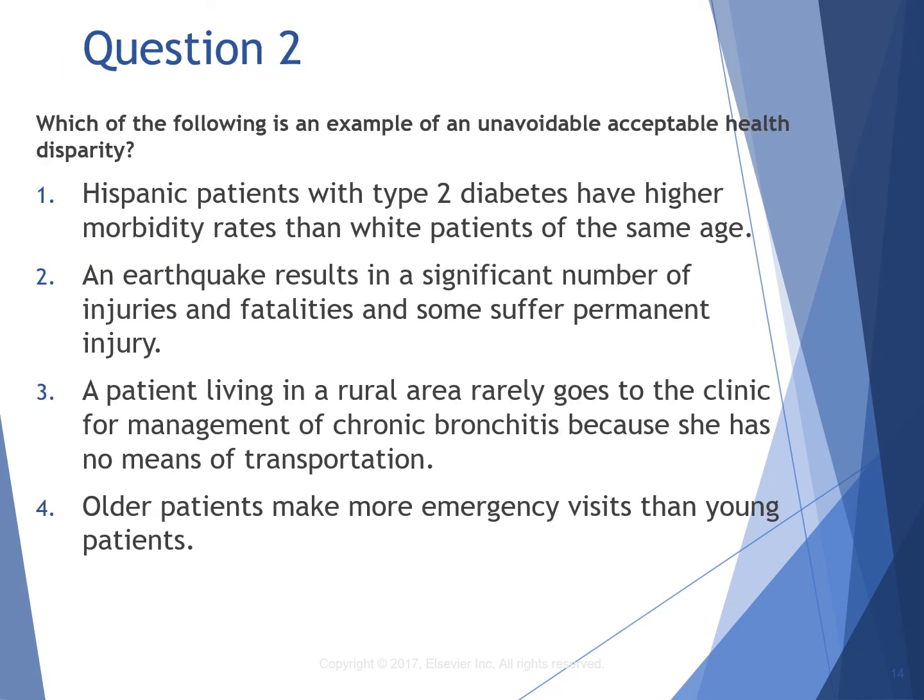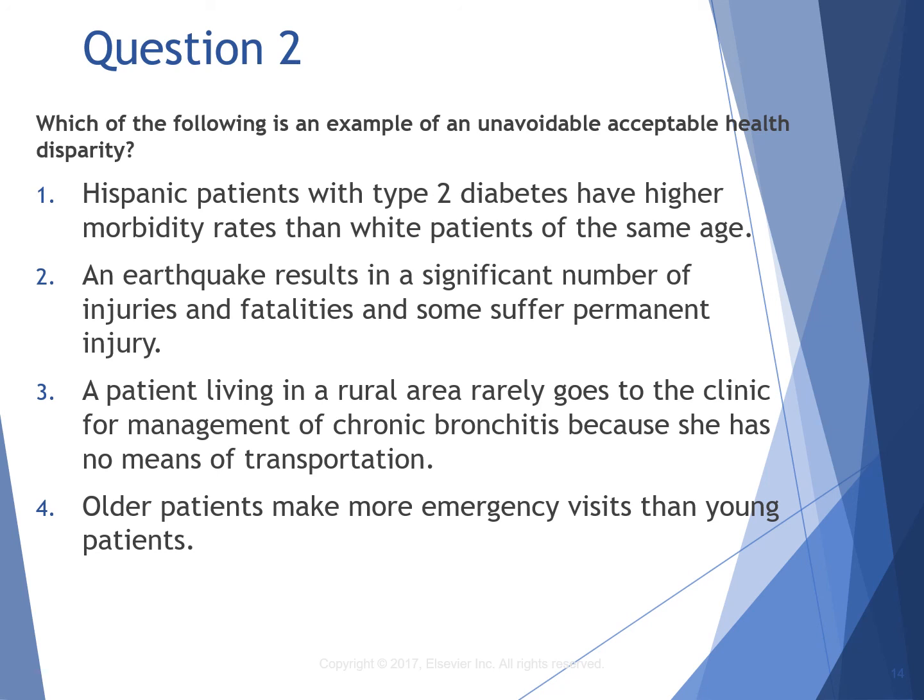Question number 2. Which of the following is an example of an unavoidable, acceptable health disparity? 1. Hispanic patients with type 2 diabetes have higher morbidity rates than white patients of the same age. 2. An earthquake results in a significant number of injuries and fatalities, and some suffer permanent injury. 3.